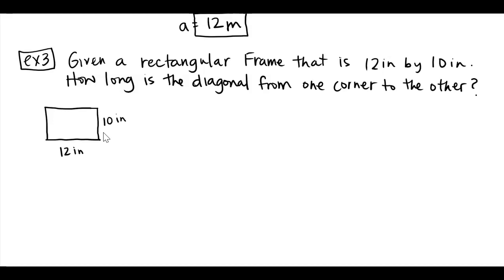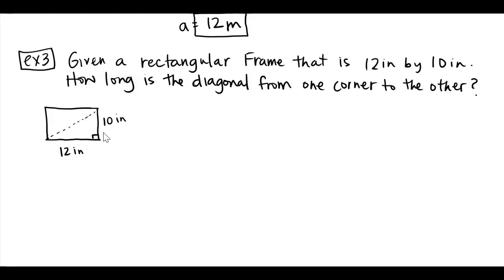Right? And then we want to know how long the diagonal is, right? So we've got to think about, all right, I've got this imaginary diagonal line here, right? And then you can see, oh yeah, that's making a right triangle now, right? Because rectangles always meet at 90-degree angles, so we know this is going to make a right triangle here.